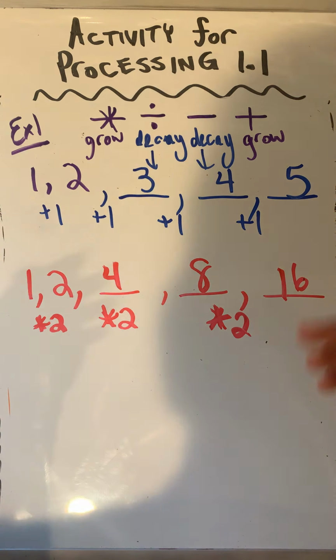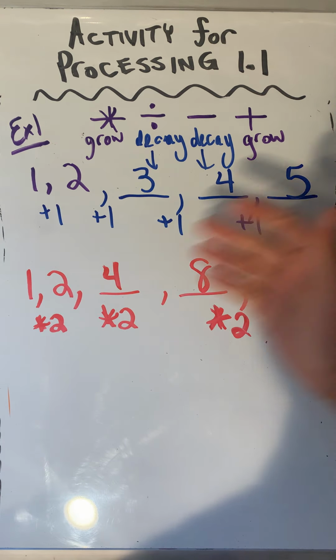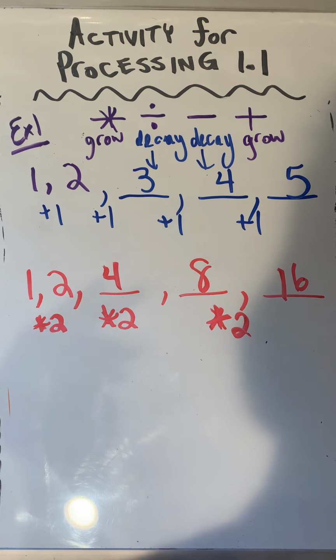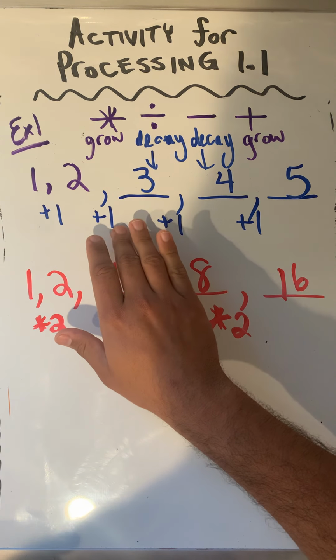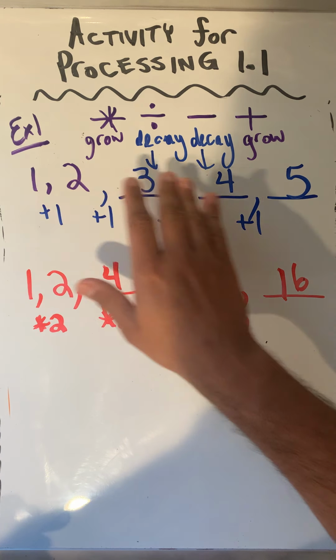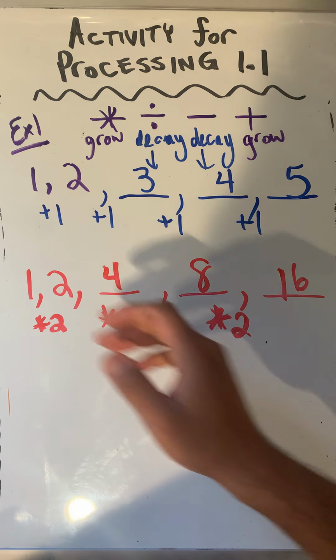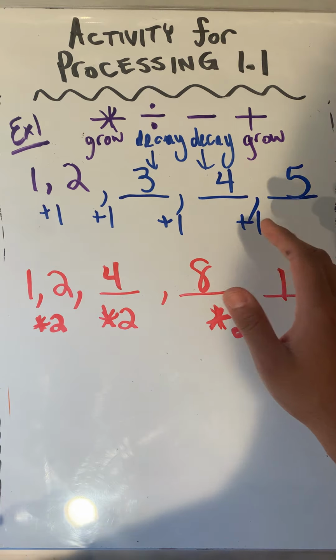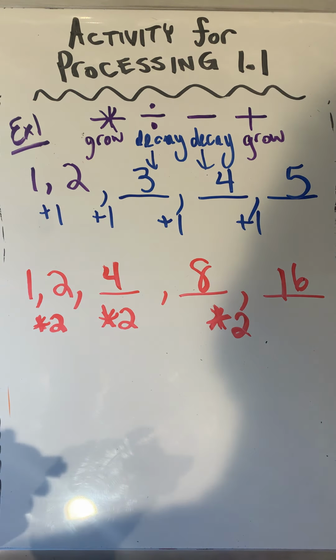All right, so we can easily say, if I called you out, like, hey, how did you build your sequence, and what are your terms? How were they born? Well, you would say that each term is one more than the one before it. 4 is one more than 3. 5 is one more than 4. My sequence of terms was built by adding 1 to each term.